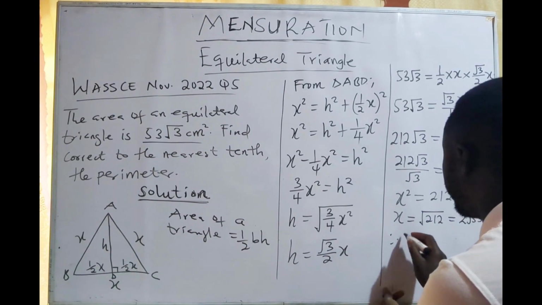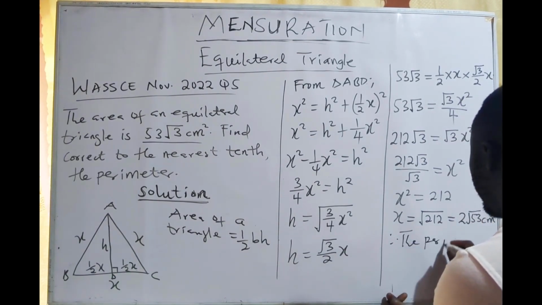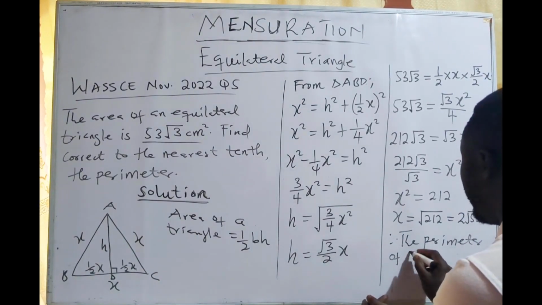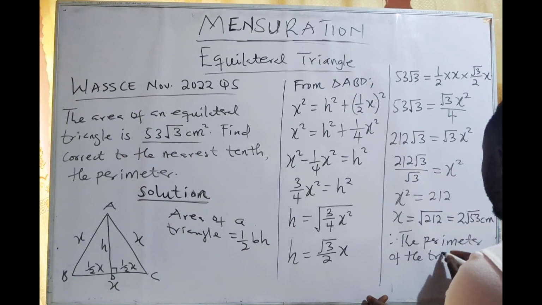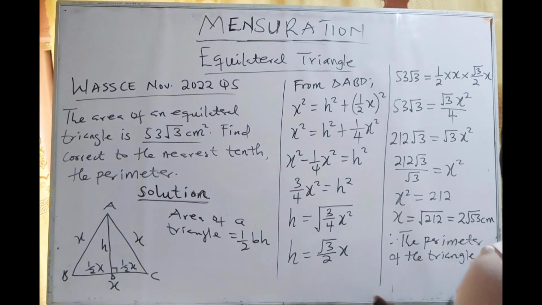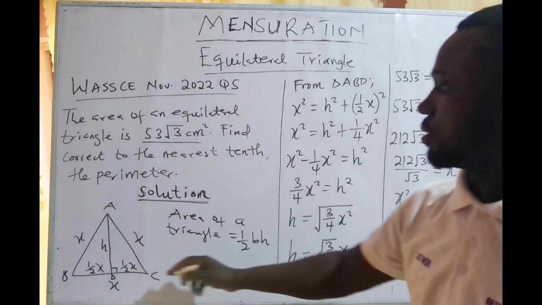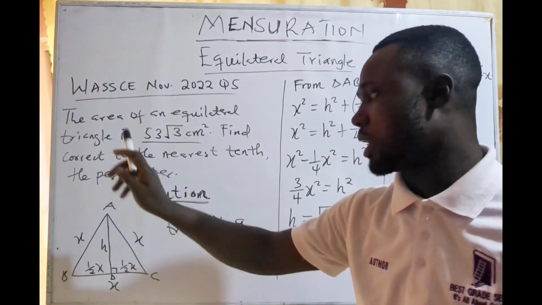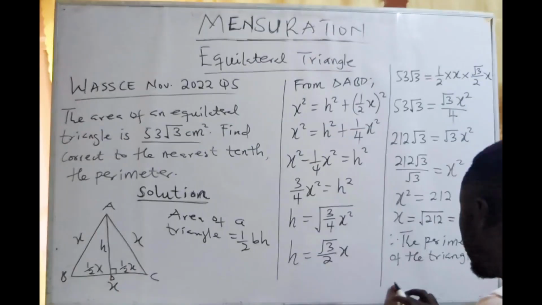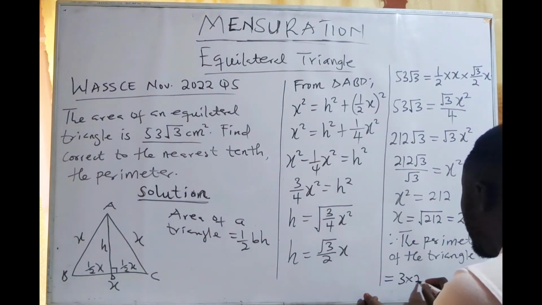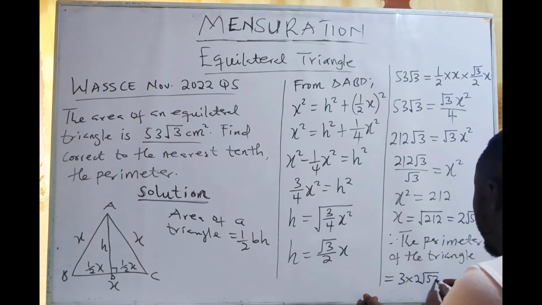So therefore, the perimeter of the triangle. We know that the perimeter of a triangle, this is equilateral, so 1, 2, 3, s plus s plus s, that is the same as 3 times x. So 3 times 2 root 53.